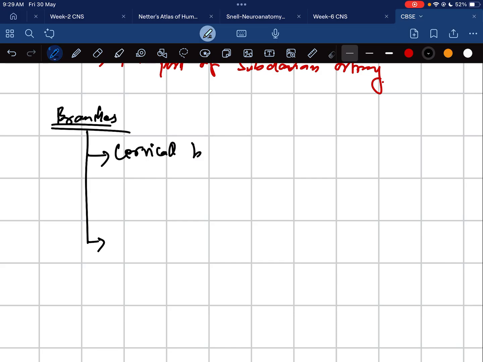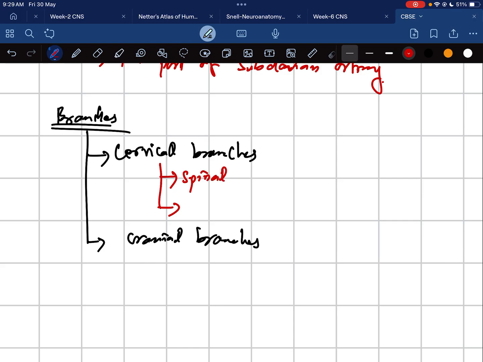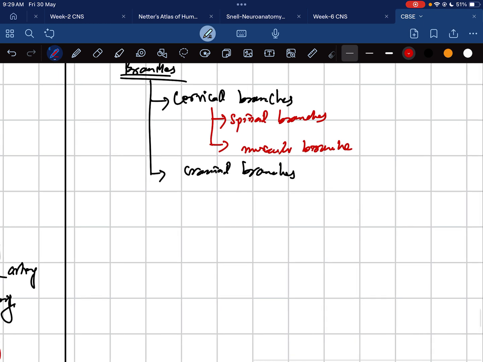The cervical branches are the spinal and muscular branches. When you look at the cranial branches, these belong to the fourth part of the vertebral artery.